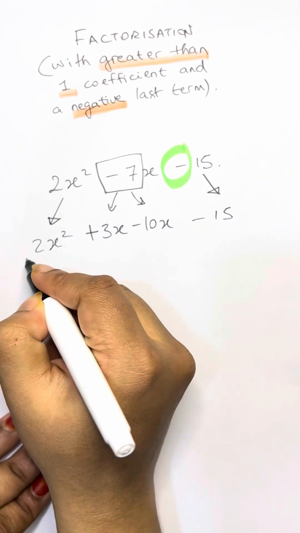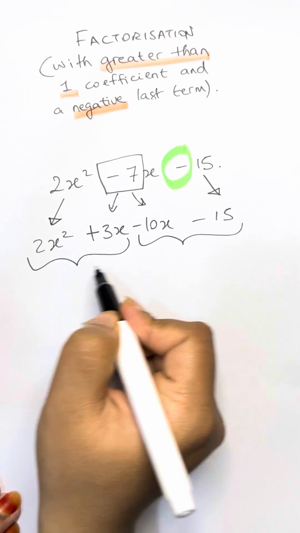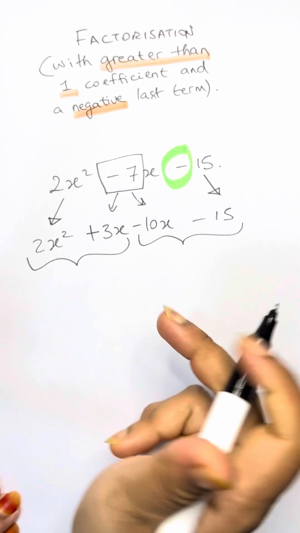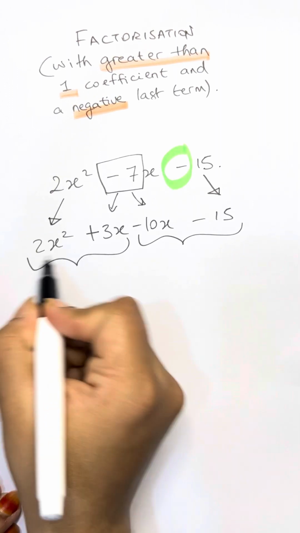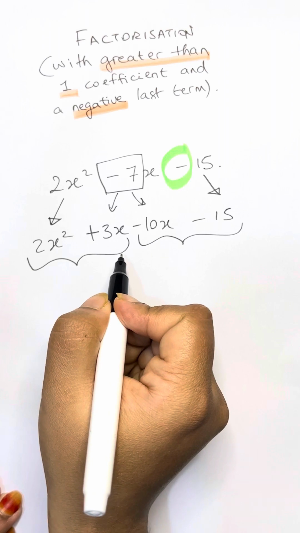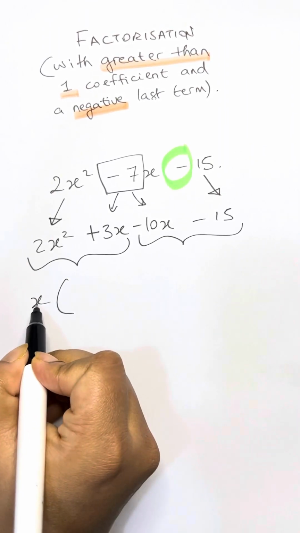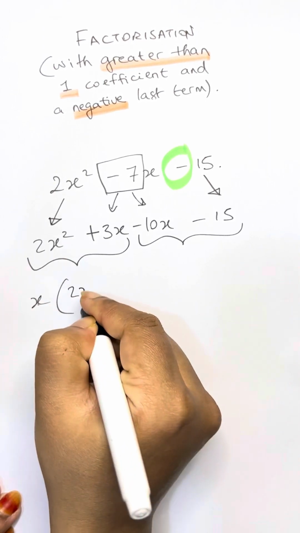So this is something that's looking familiar to us now. We would just rewrite this as singular factorizations. So what's the most common factor here? I don't have any number, but I do have a common letter, which is my x. I'm going to open up the bracket. x times what is giving me 2x squared? That's just 2x.